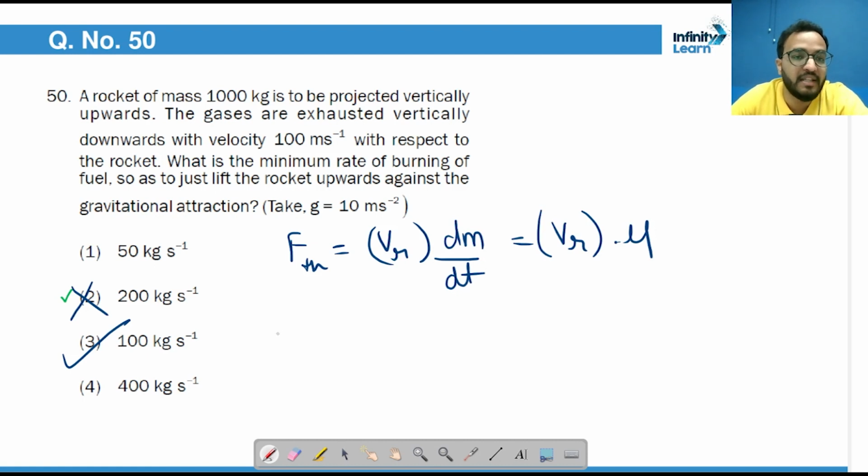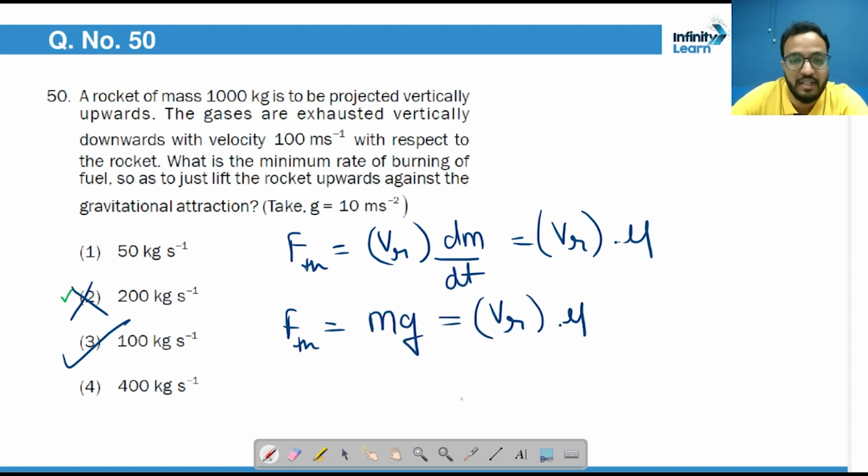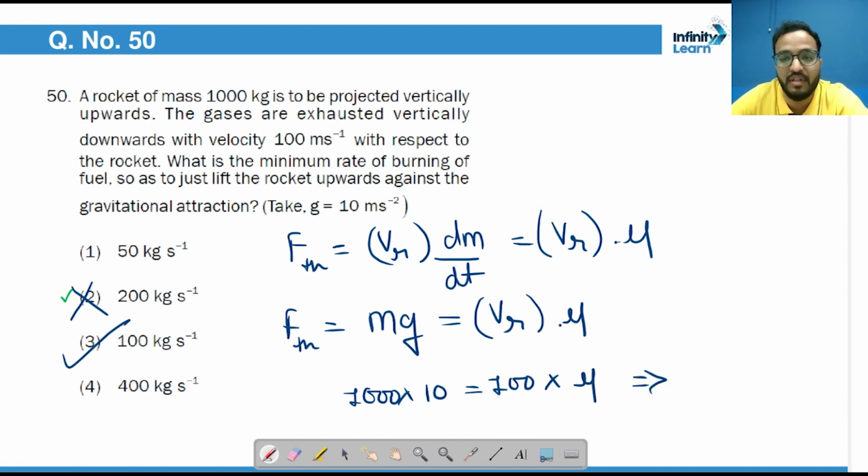They're saying that the rocket should just lift up, so the thrust force must be equal to the weight of the rocket. What is M? 1000 kg. G is to be taken as 10. VR is 100 into mu. So what is mu? It is 100 kg per second.